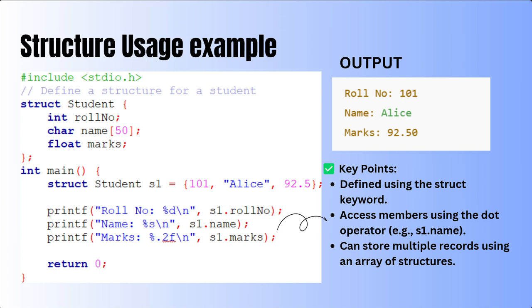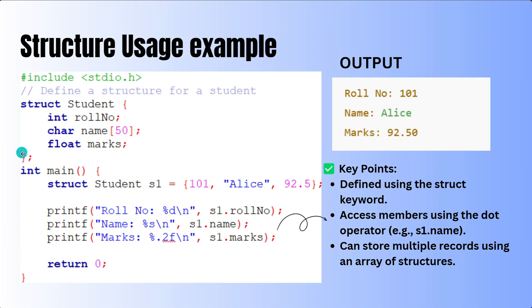Structure usage example. This is the example, and we'll also see how to access the elements using the dot operator here. So how do we define a structure for a student? Now struct student: within the structure block we are defining one int variable, one character array for the name, and one float variable.